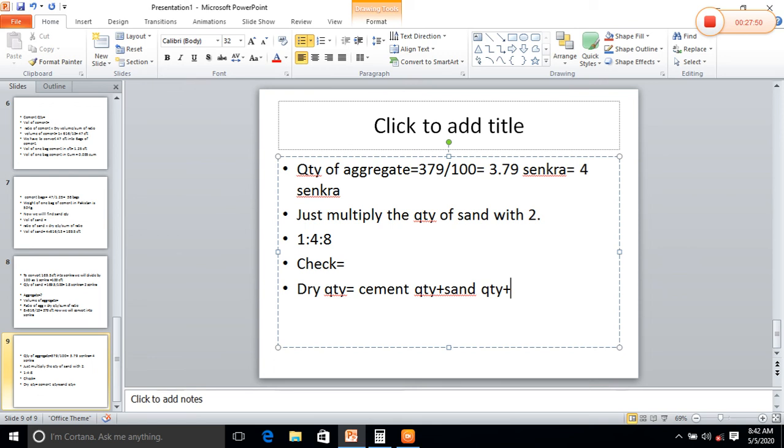If the sum of cement quantity, sand quantity and aggregate quantity is equal to the dry quantity, then our calculation is correct.